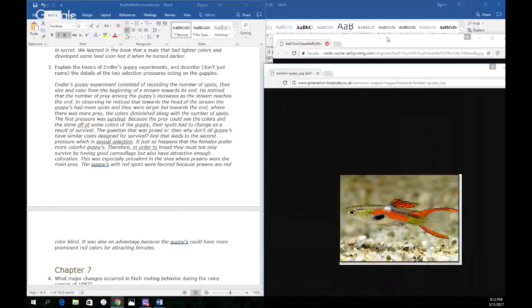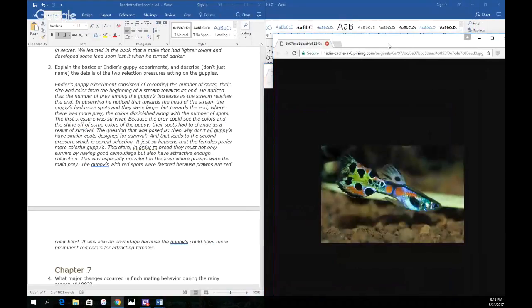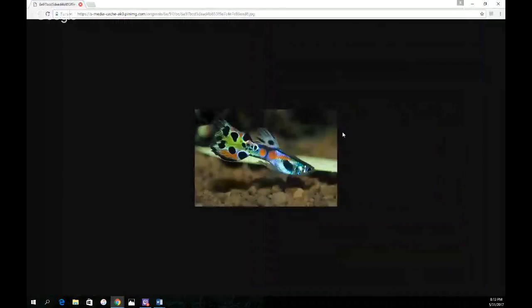Now, the second pressure is sexual selection. We learned that the females actually prefer these more vibrant colors, these large spots. So sexual selection favors having spots. This is why all of the guppies don't look the same.